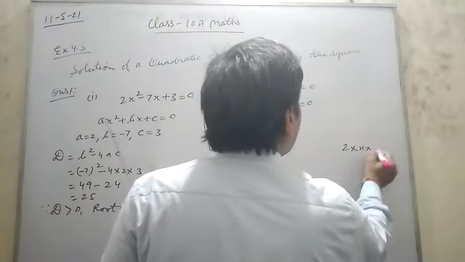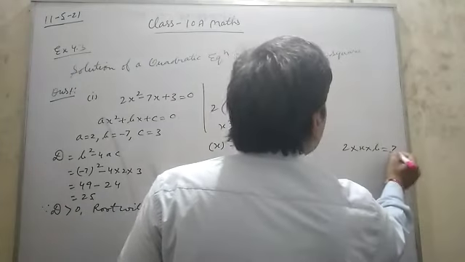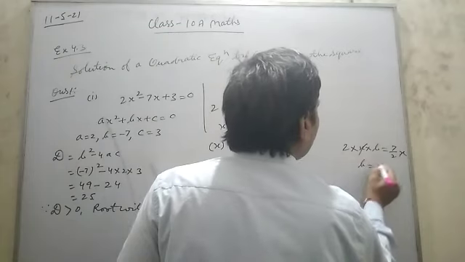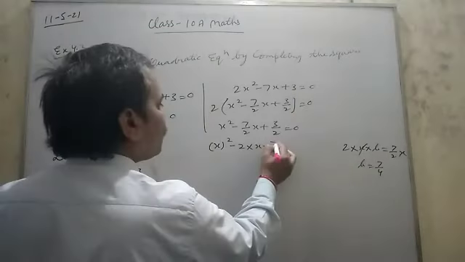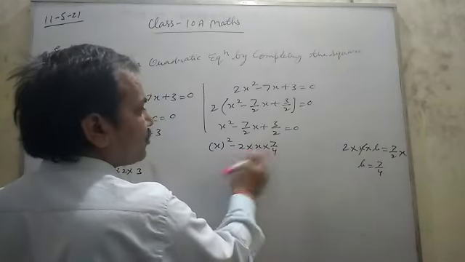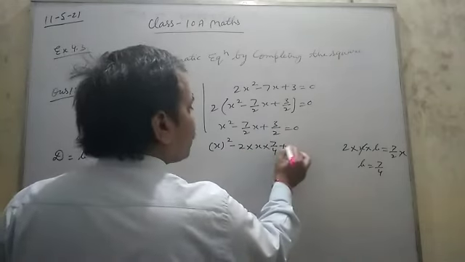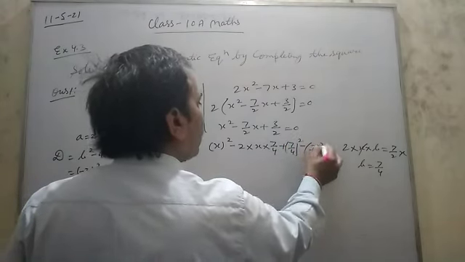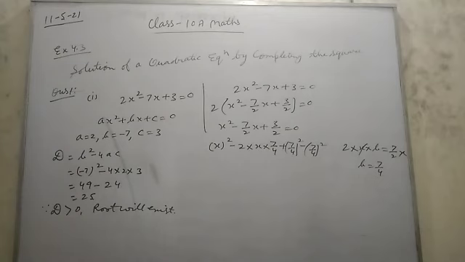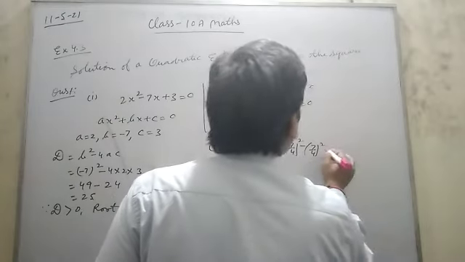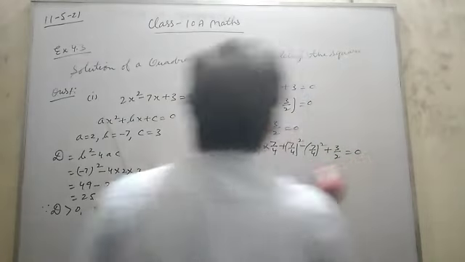So 2 into x into b is equal to 7 by 2 into x, x cancels, so b is equal to 7 upon 4. Put it here. So then simplify it. So we add and subtract the square of b, because by adding it there will be an extra, and when we subtract then it will balance. Okay, and plus 3 by 2 is equal to 0.